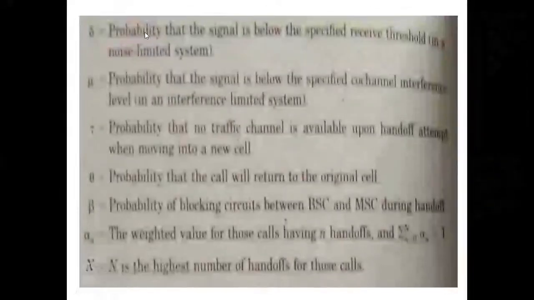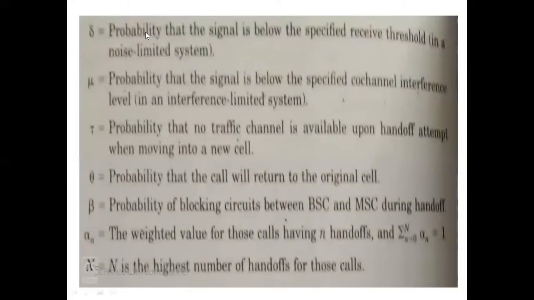First one is delta. What is meant by delta? Delta is the probability that the signal is below the specified threshold level. Already we know we are maintaining some threshold level. If the received signal strength is greater than that threshold level, then the signal is okay.